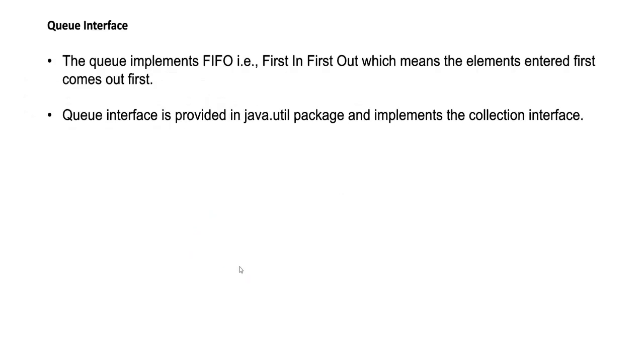Next is the Queue interface. Queue implements FIFO, that is first in, first out, which means the element that entered first comes out first. To explain in simple terms, say you are standing in a queue. Imagine at theater counters, if you want to buy a ticket, you have to follow the queue.